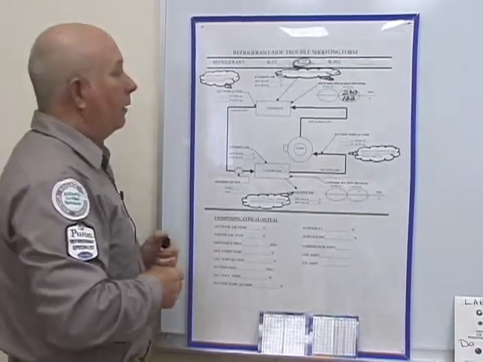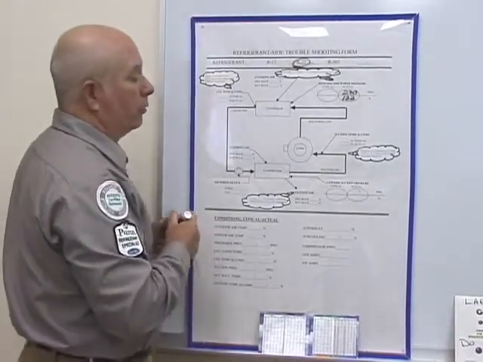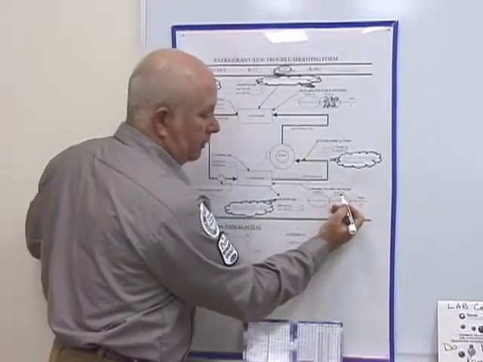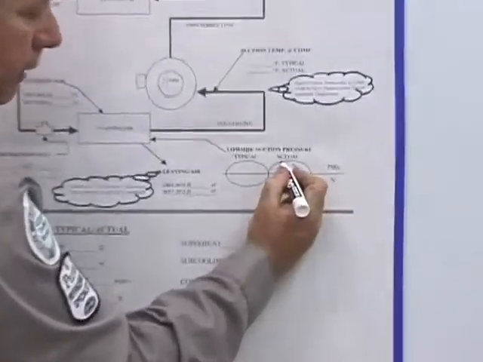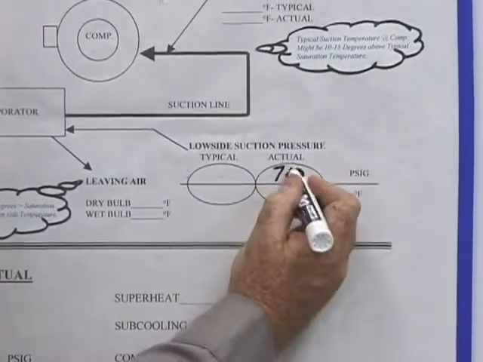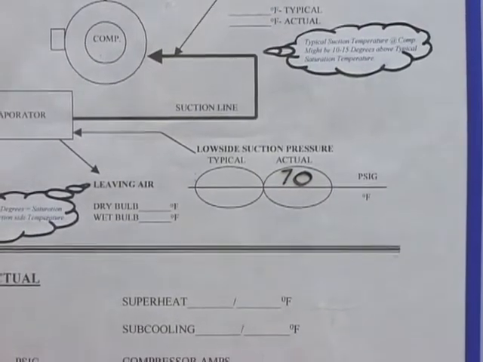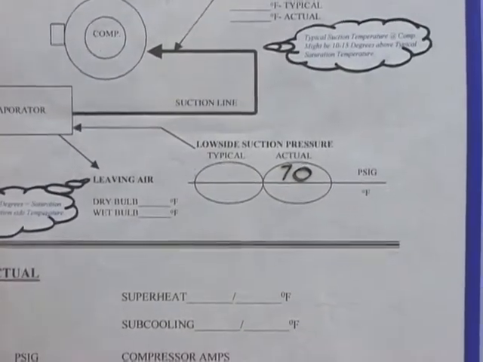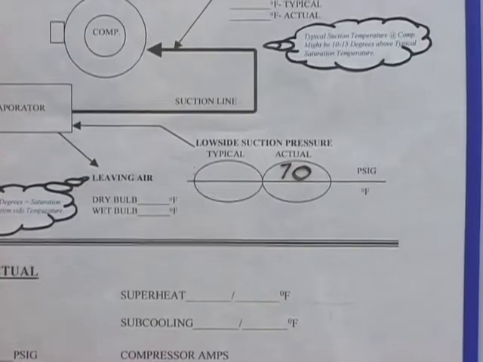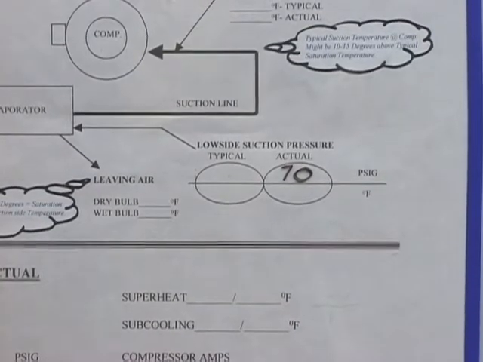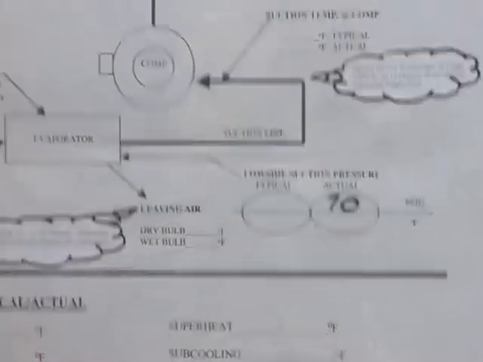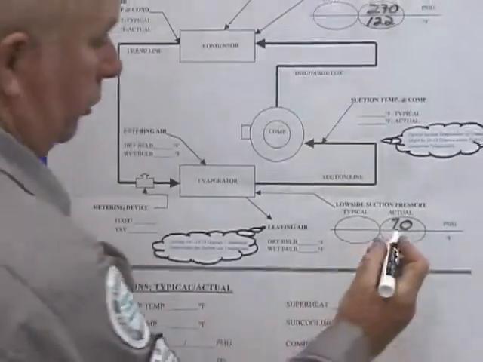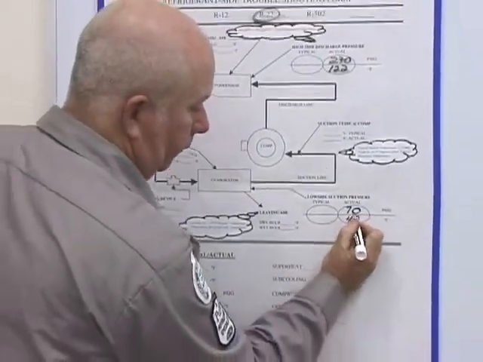All right. Now we want to do the low side. The low side's the same way, except this time we'll say it's 70 psig. Go look in your PT card, find 70 psig, read down, go to the left, and you'll find the saturation temperature, which is about 40 degrees.